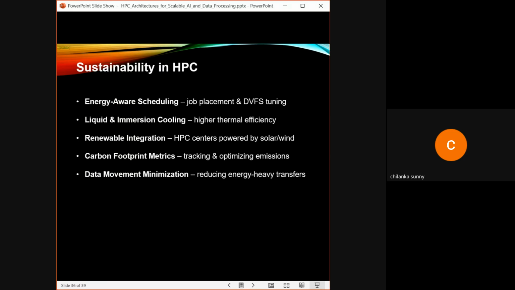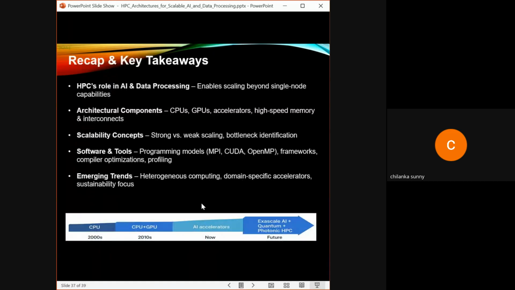And we reduce the data movement itself by incorporating techniques like in-memory processing. We are reducing the energy-heavy transfers.